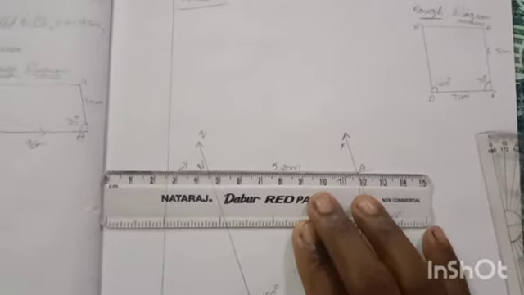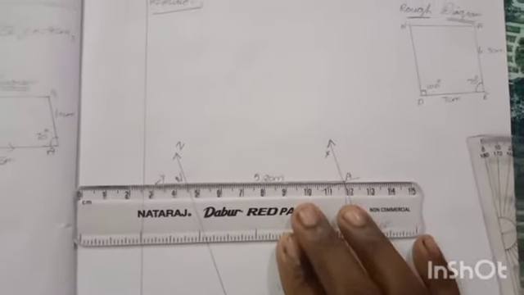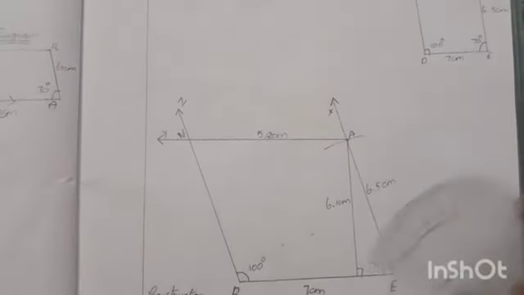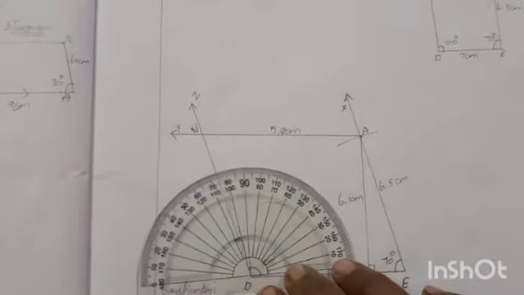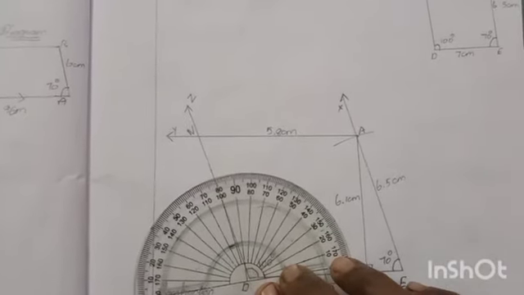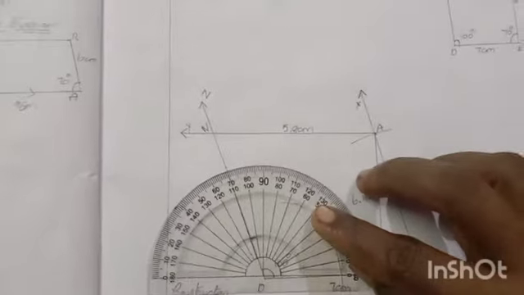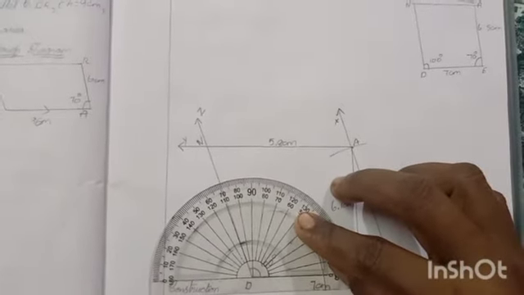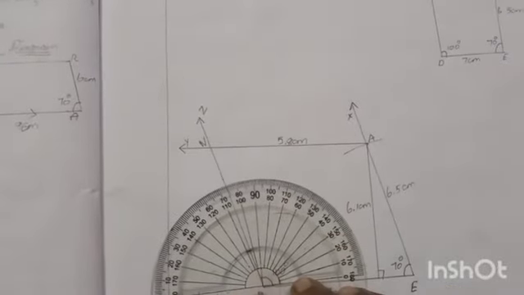Then draw this parallel line. Then, of the two angles given, another angle is 100 degrees. Keep the protractor here and measure 100 degrees. You have to measure properly.